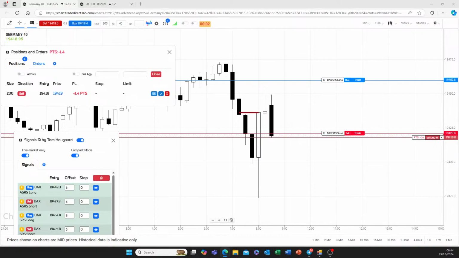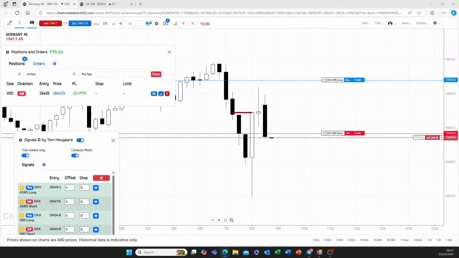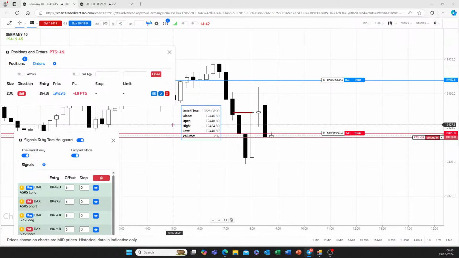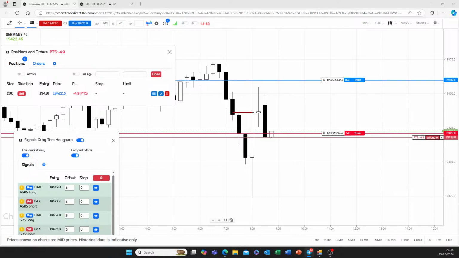I'm short in the DAX here at 18. And a stop loss. Oh, stop loss isn't in yet. Sorry.